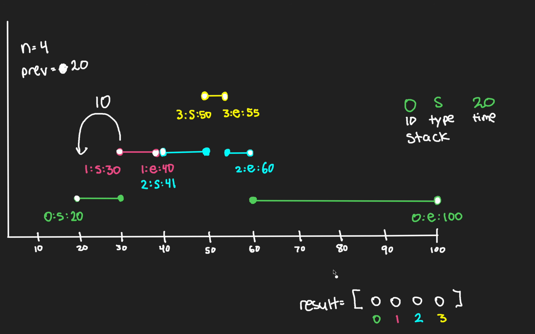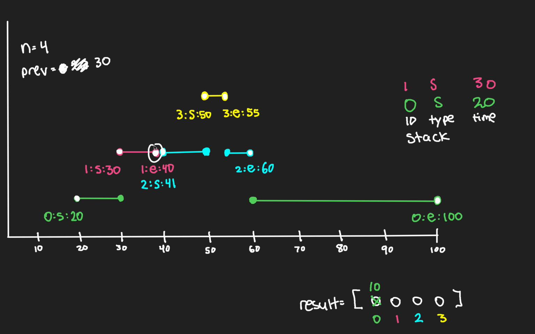We'll look up our result array at index 0 and add 10 units of time. Thank goodness for our stack here. That's how we're able to reference the function ID of 0. Fantastic. There are 2 more orders of business. Let's push the metadata of function 1 onto our stack, and remember to update previous to the current timestamp of 30.